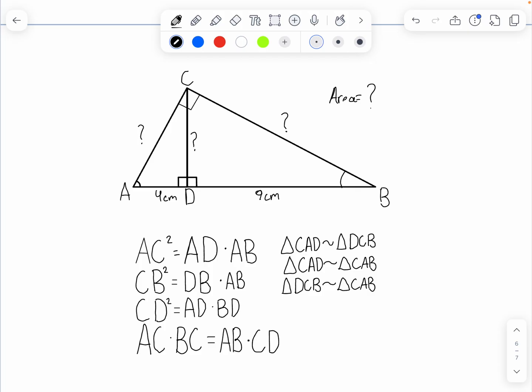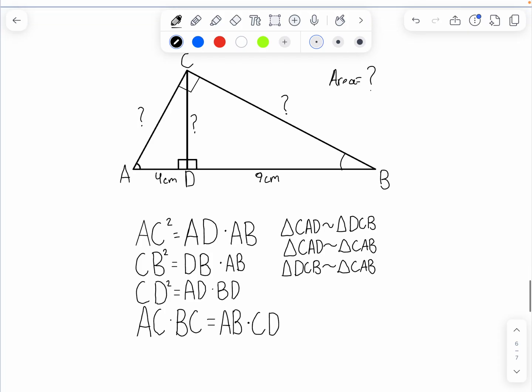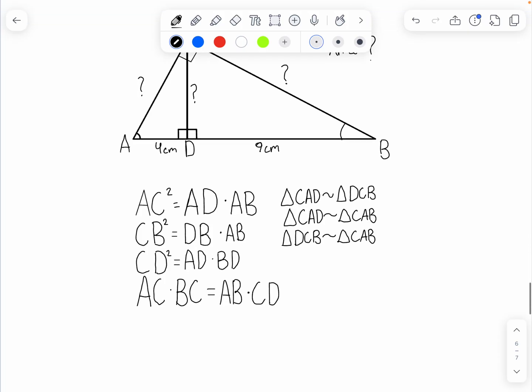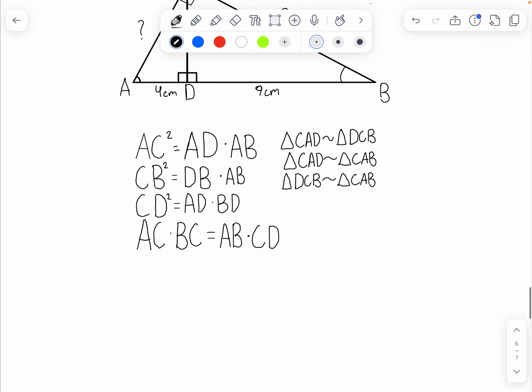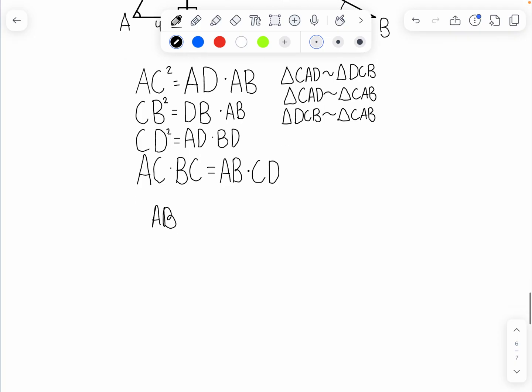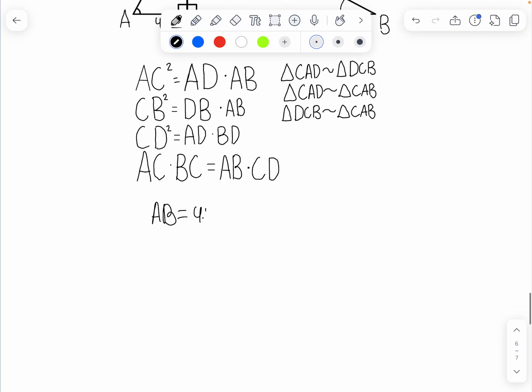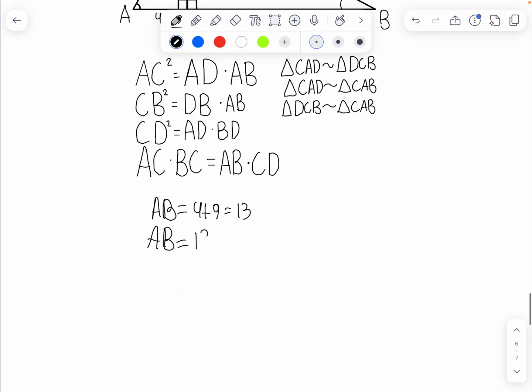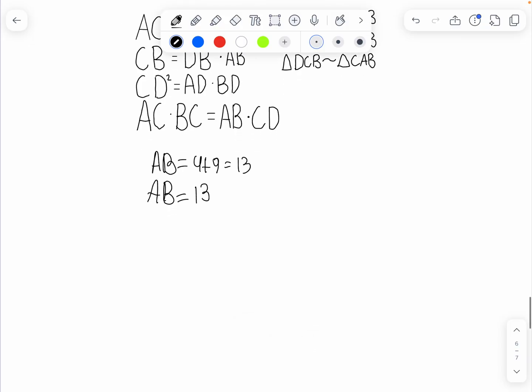So, first we have to find the hypotenuse. To find CD, we first have to find the hypotenuse, which is AB, and AB is equal to 4 plus 9, which equals 13. So AB is equal to 13. And next we have to find CD, right?